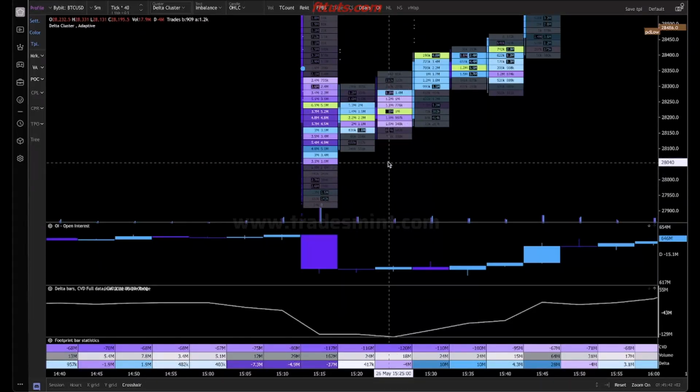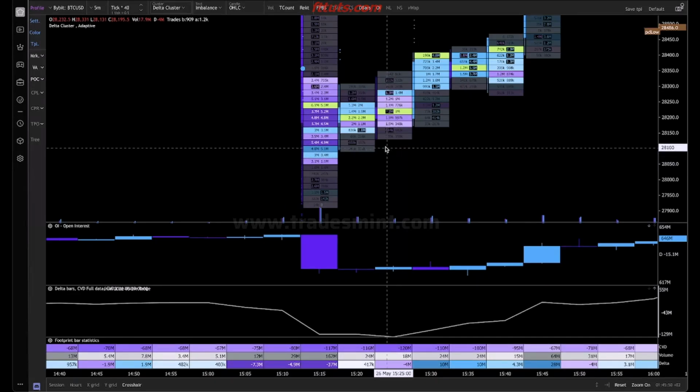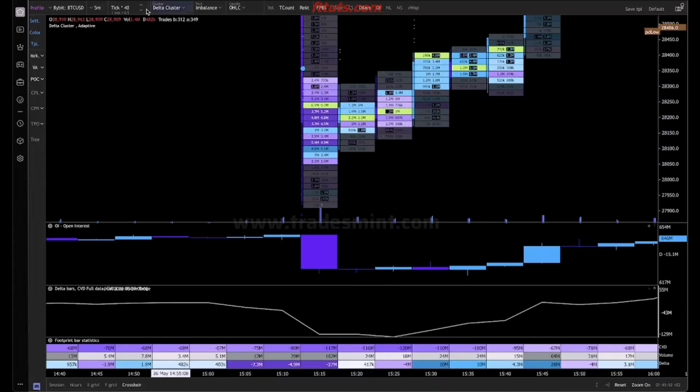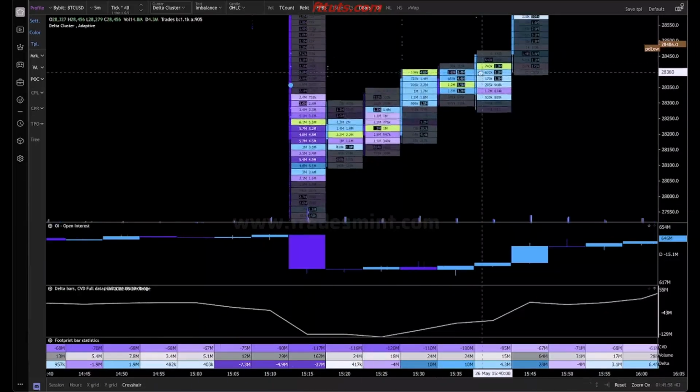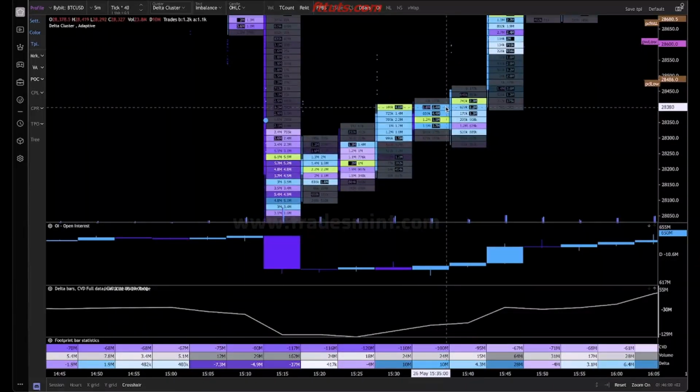You want to see that because they are essentially fuel to the upside later on when you start moving away from their entry. Then you start moving away, and that means they are underwater, and when they close, they will have to market buy, and that's again fuel for more upside.